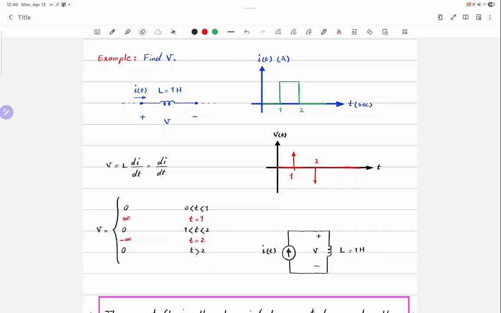Everything else is still the same, right? I just changed the values from 2 and 4 to 0 and 2. Everything else is exactly the same. Now, this is my question. First of all, how can you realize the green function, the current function?